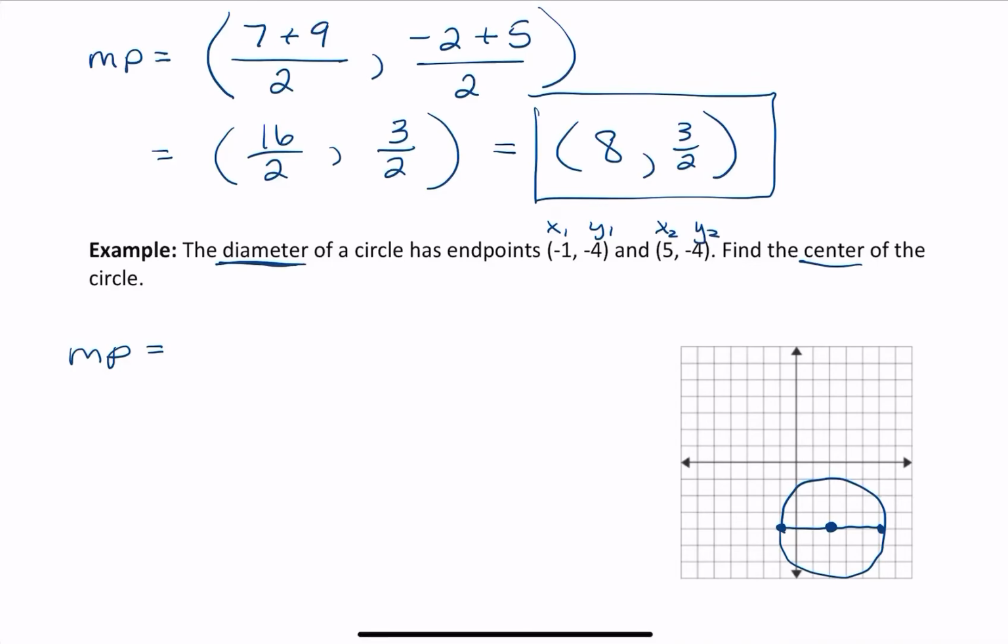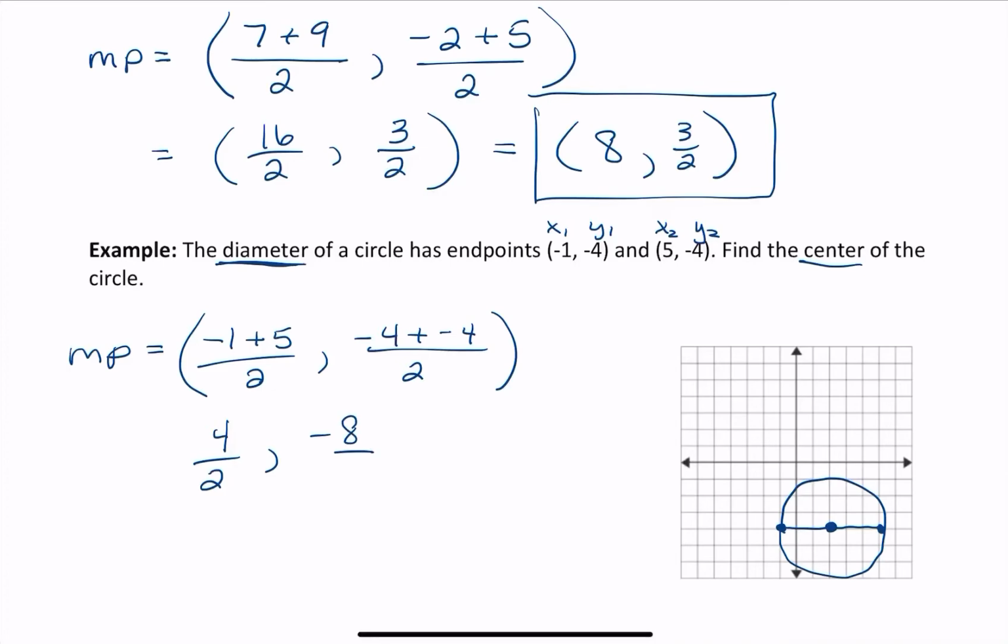So I've got -1 plus 5 divided by 2, and then -4 plus -4 divided by 2, which is going to give me 4 over 2 and -8 over 2, which is the coordinate (2, -4), which is 2, 1, 2, 3, 4, right where we thought it would be.